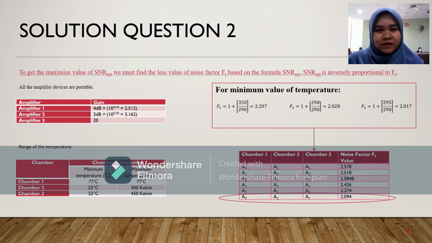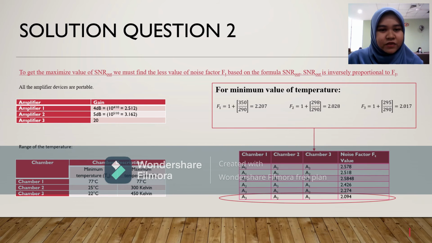As we have no data about the noise factor, we have to calculate the noise factor for each temperature. Firstly, we convert the gain for amplifiers 1, 2, and 3 to absolute values.